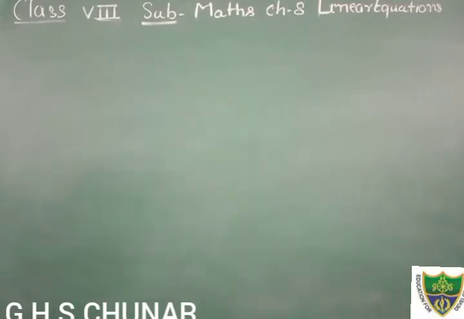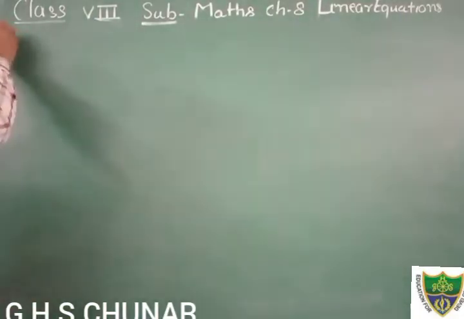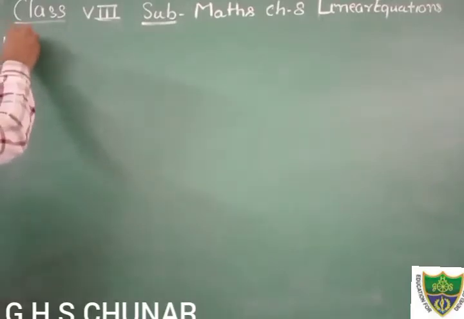If the altitude is increased by 4 cm and the base decreased by 2 cm, the area of the triangle remains the same. Find the base and the altitude of the triangle.